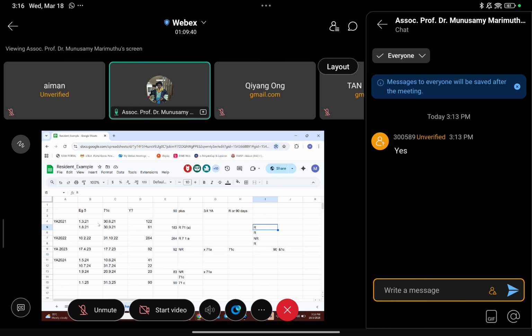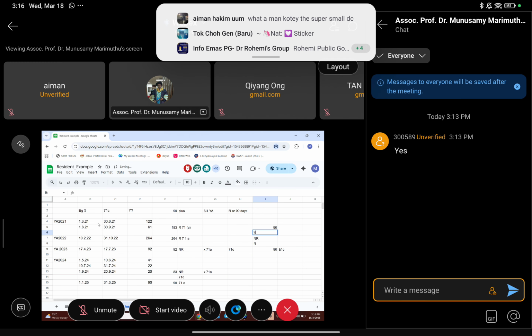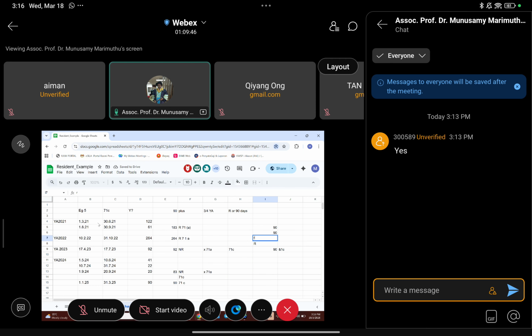Or 90 days, resident, and the year is 0. Yes, still can fulfill San 1C in this question, because 3 out of 4, either resident or 90 days. We need only 3 out of 4, although he's not there. So this is San 1C.